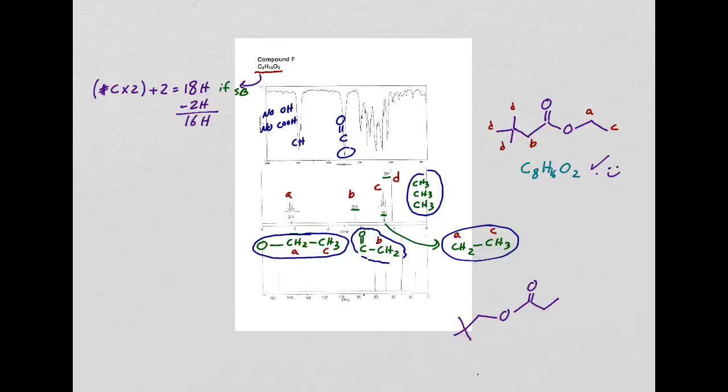So if this was our structure, this CH2 would end up being a singlet, because no hydrogen here and no hydrogen here. But this CH2 is not a singlet, it's a quartet, so it has to be right here. It has to be oxygen attached to a CH2 attached to a CH3. So this would not work.